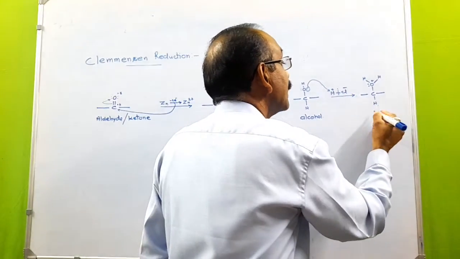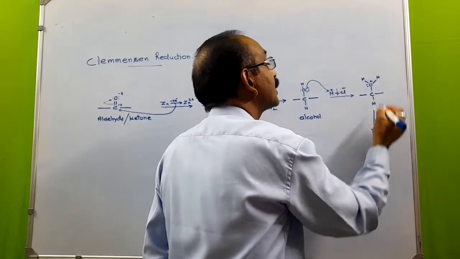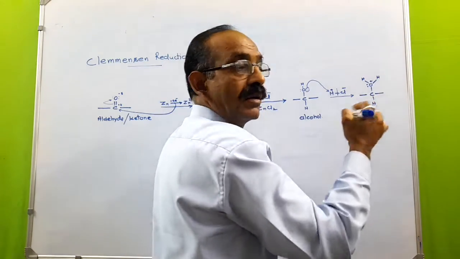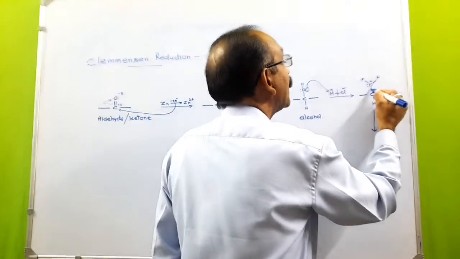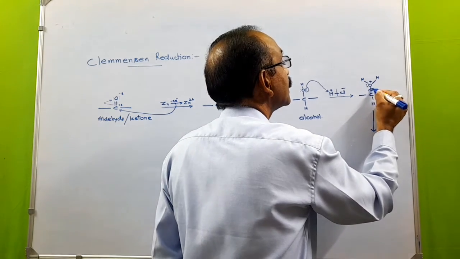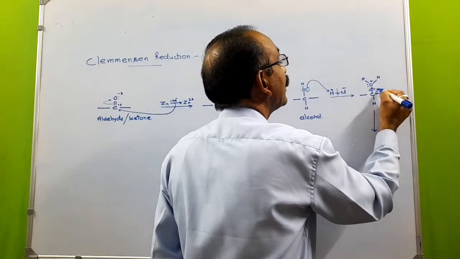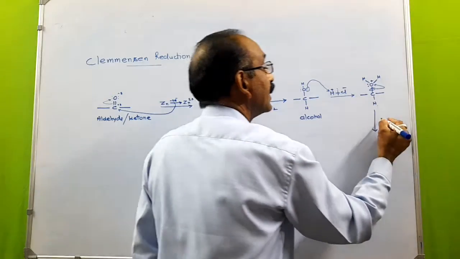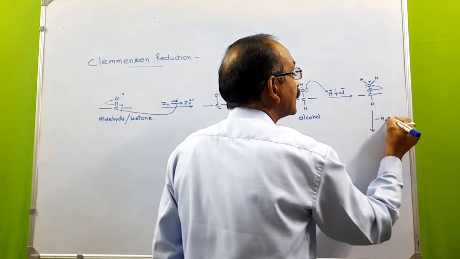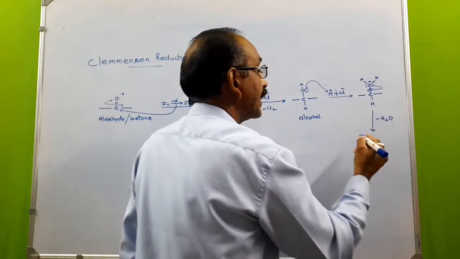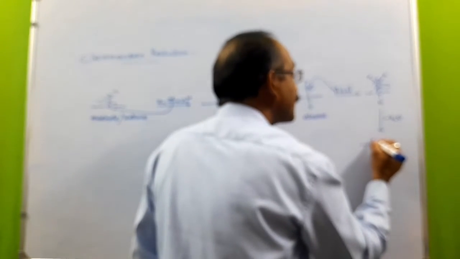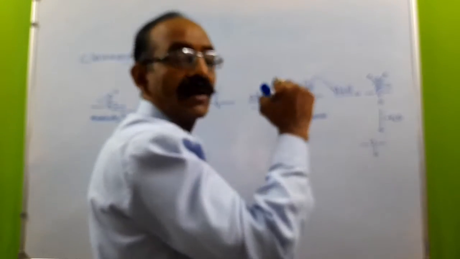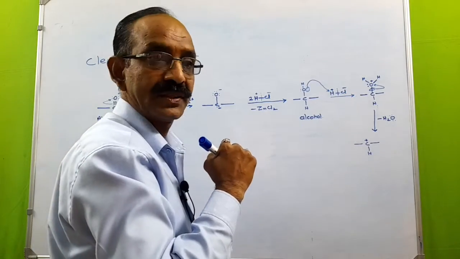Now in order to compensate the positive charge of the oxygen, the two electrons of this C-O bond shift over the oxygen, and here the water molecule sets free. And now we'll get here carbon, with one hydrogen, and this carbon will acquire a positive charge.